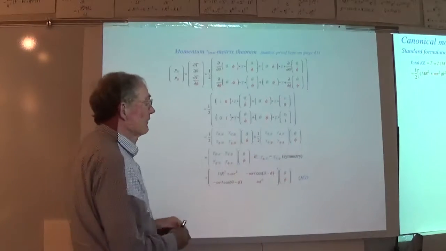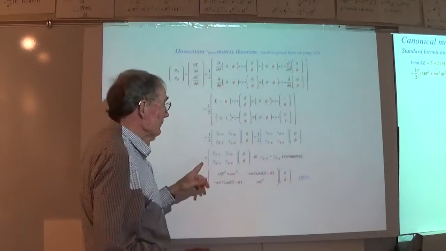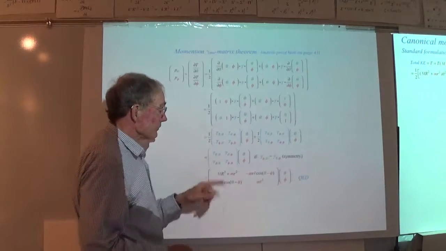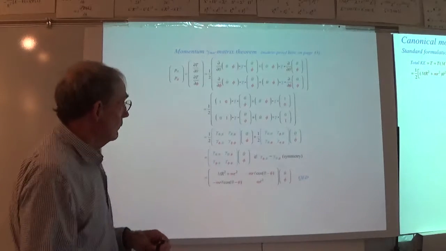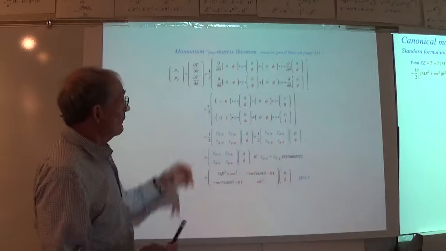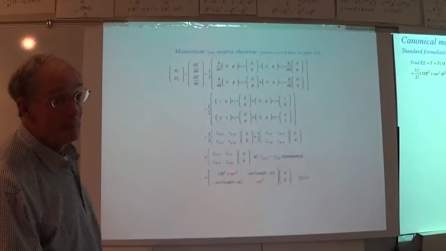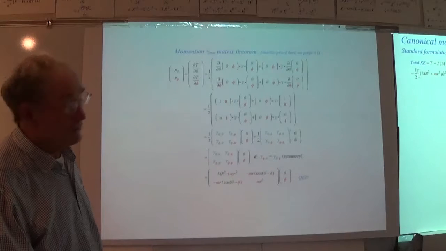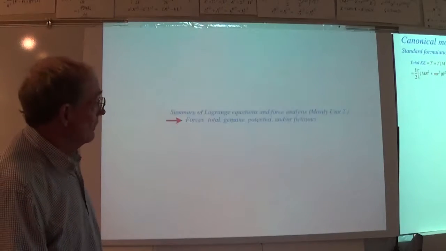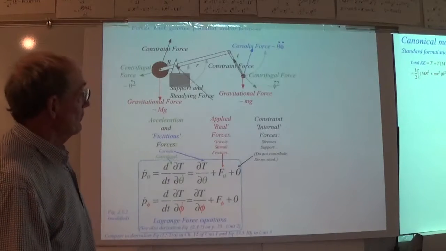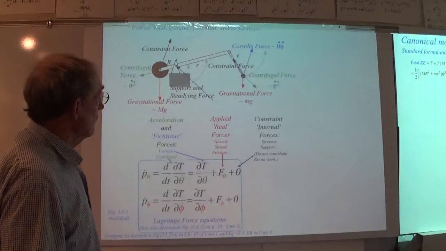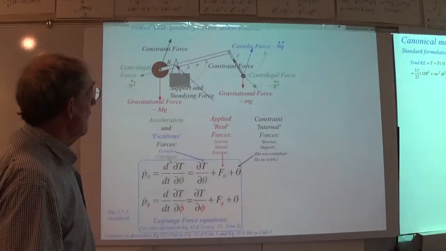Again, a half and half, but you can see those are the same right away, and you get this. So that gives you a proof of this theorem about momentum being the metric times the velocity. Okay? So this key theorem works even when you have the degrees of freedom that we have with this problem.